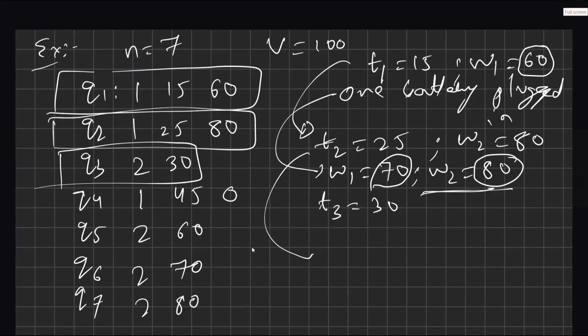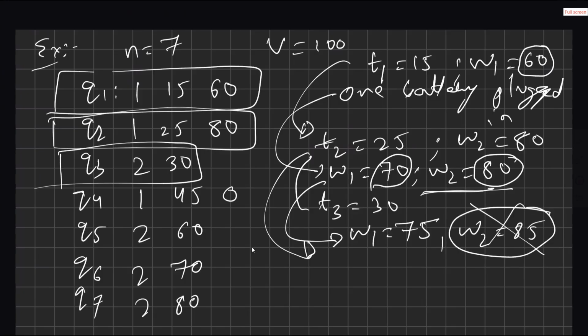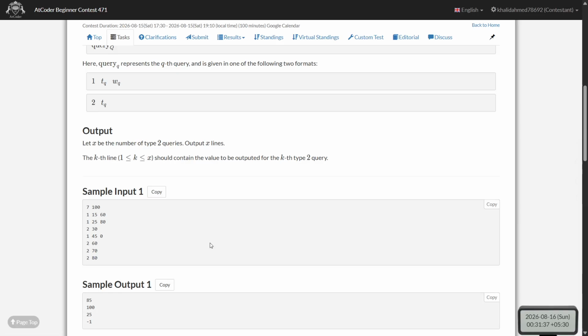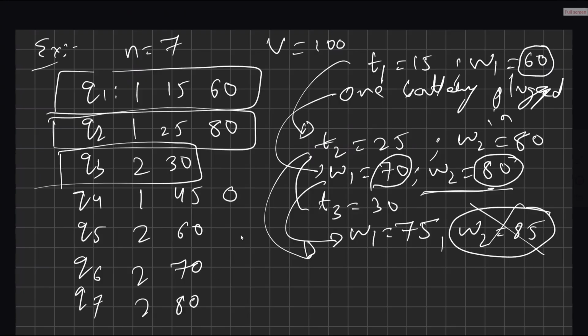The time difference is 5, so battery 1's voltage is going to increase by 5, battery 2's voltage is going to increase by 5, and we have to unplug this one now. When unplugging it, we have to display 85, which is here 85. So we have just one battery right now.